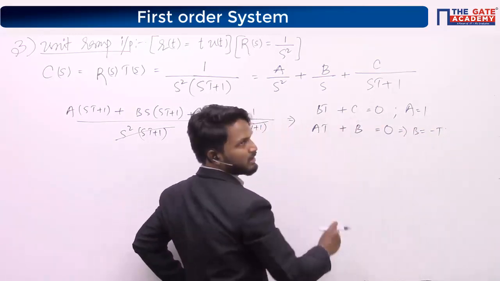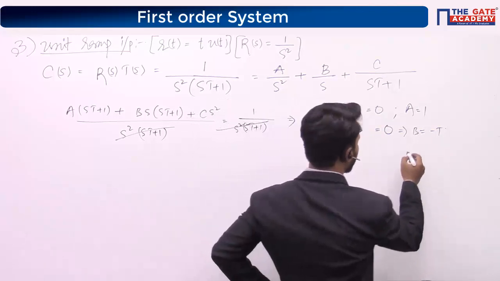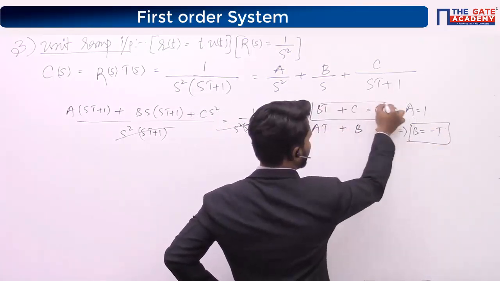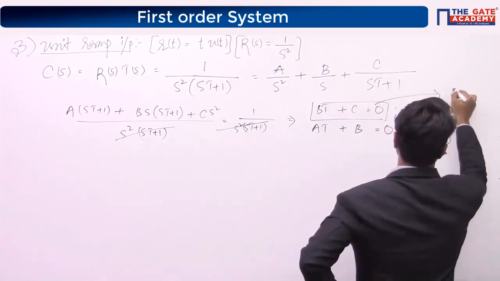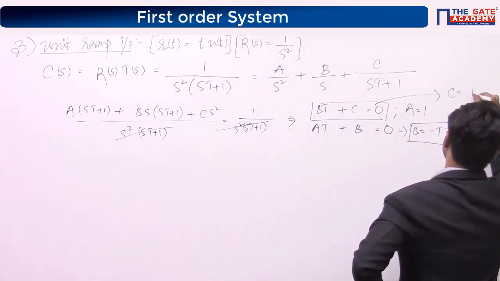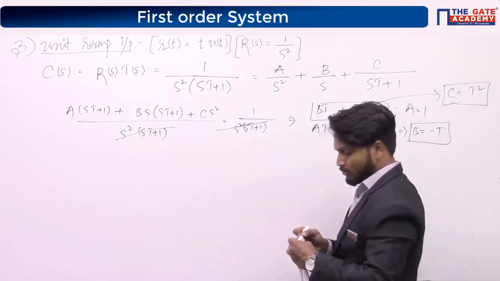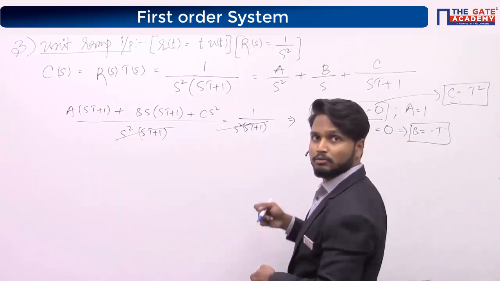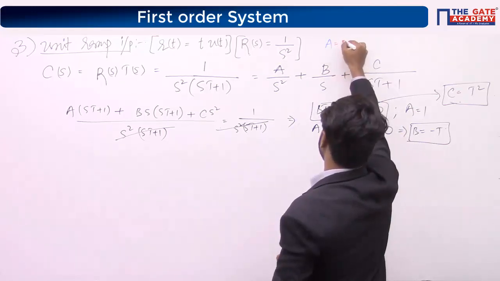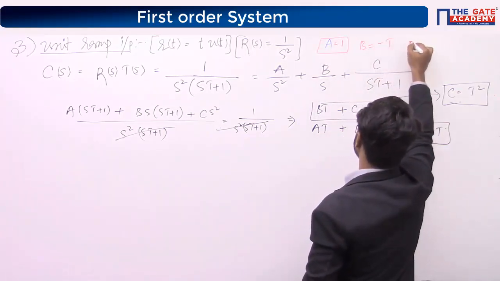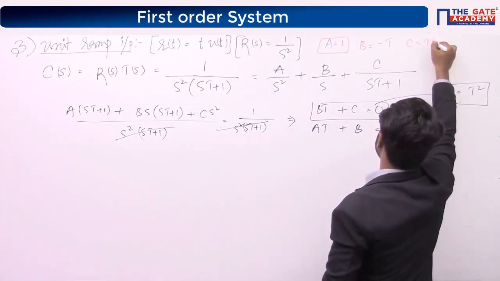If b is minus t, then c is equal to what? Put b is equal to minus t in this particular equation, you will get c is equal to t square. Therefore, a is equal to 1, b is equal to minus t, c is equal to t square.